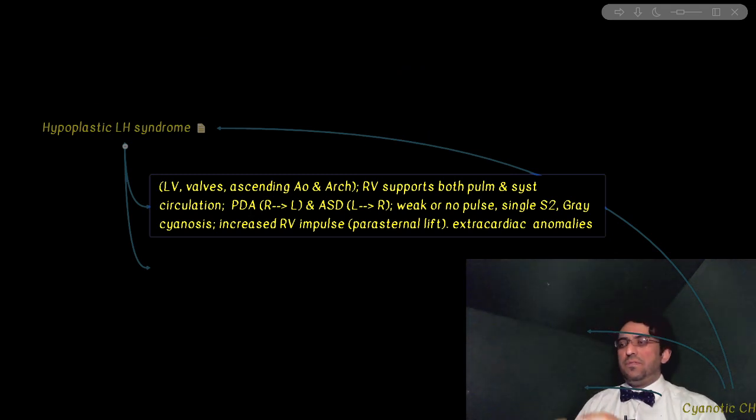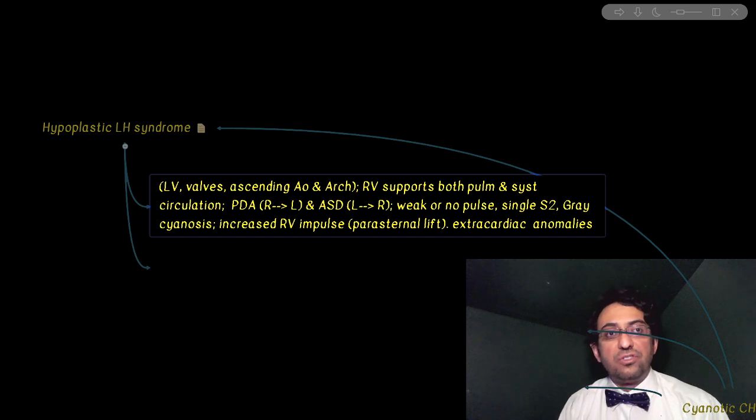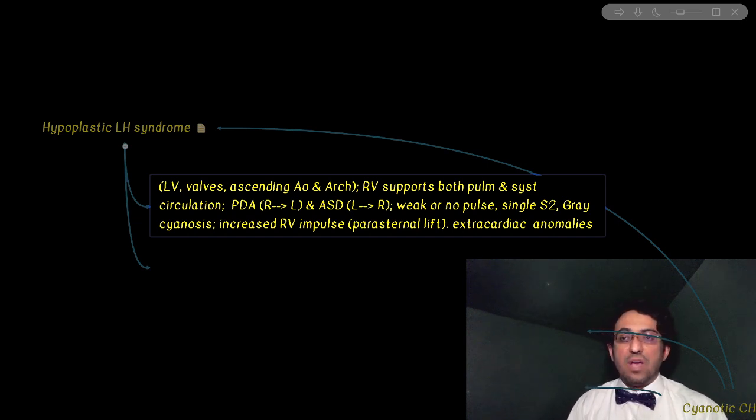Now, if you are given a patient with hypoplastic left heart syndrome who has both PDA and ASD, you may be asked what's the direction of the shunts, or you may be asked which one of the so-called cyanotic congenital heart diseases could have both right to left and left to right shunt, and that is hypoplastic left heart.